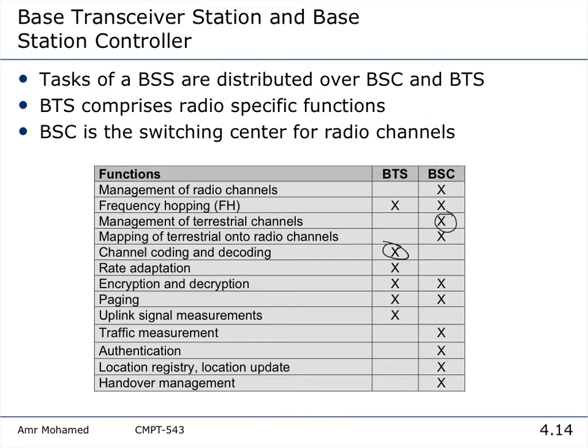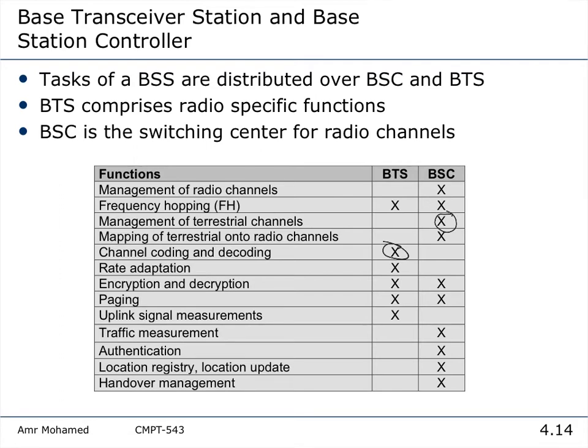The VLR, what it does is that it fetches some information from the home location register. Okay? Whenever you go to this location area, the VLR of this location area fetches some semi-permanent information from the home location register, and it adds to it some temporary identifiers during the time that you are in this location area.